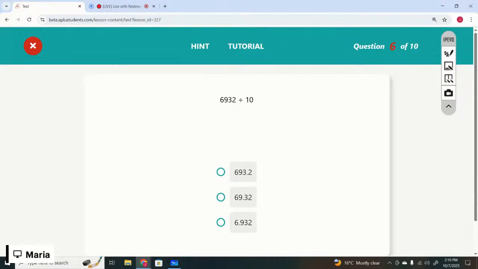You need to move the decimal point one place left. So it is 693.2. Option number 1 is the correct option. Very good.